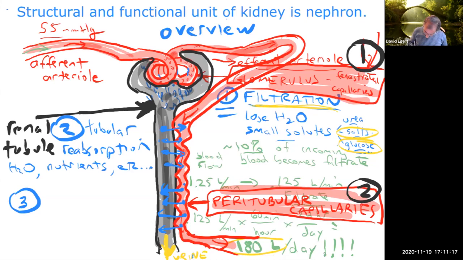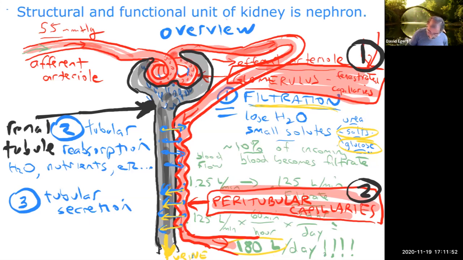So this part 3 is what we call tubular secretion. Tubular secretion is if there is stuff that you want to get rid of, like urea, or ions or whatever. Anything in your blood that you want to excrete, you can move into the tubule where it will ultimately just become part of your urine.